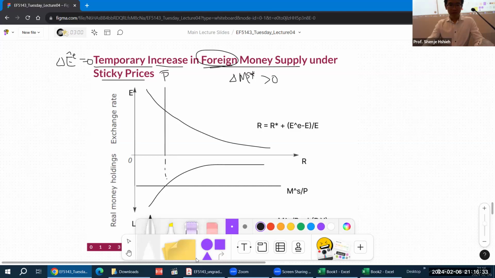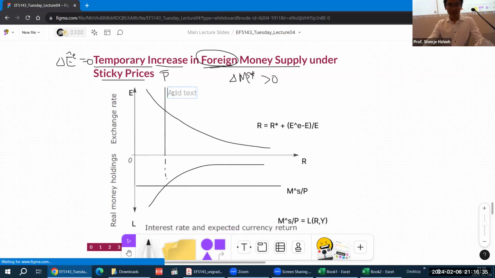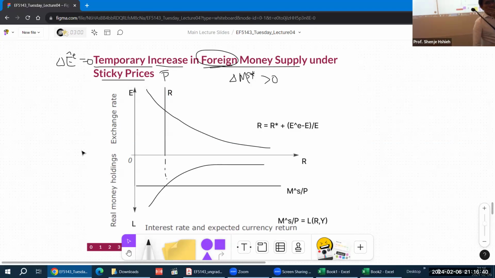All right. So if MS star just means foreign central banks decide to change their money supply expansion, what does it mean for our graphs from the domestic central bank's viewpoint? If you know the answer, just tell me what has to happen in this graph.